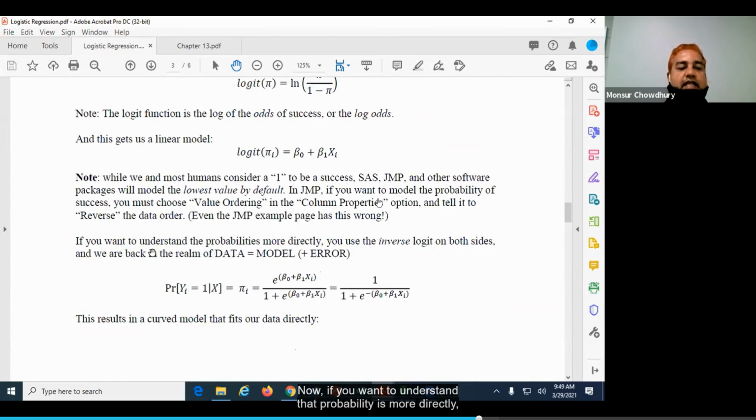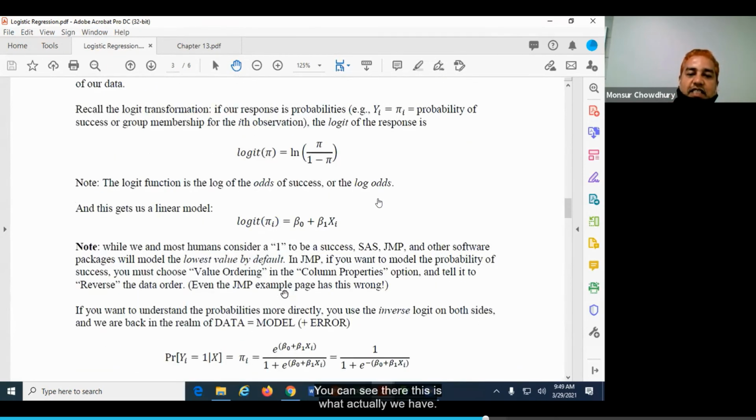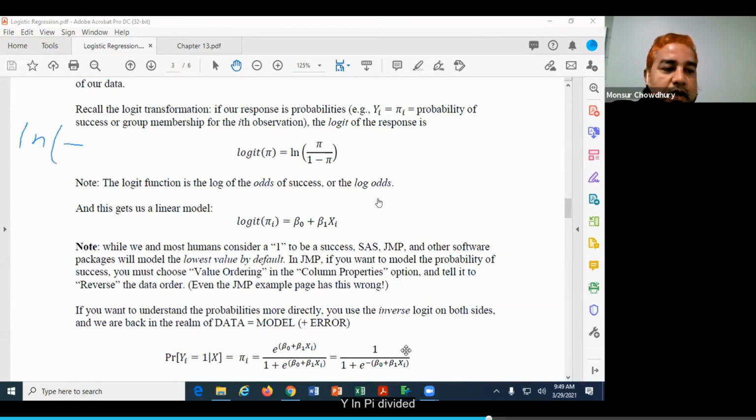Now, if you want to understand the probabilities more directly, we use the inverse logit on both sides, and we are back to the real data. I showed you in the last class how we can get this part from this one. We have ln of pi divided by 1 minus pi equal to beta 0 plus beta 1 xi.